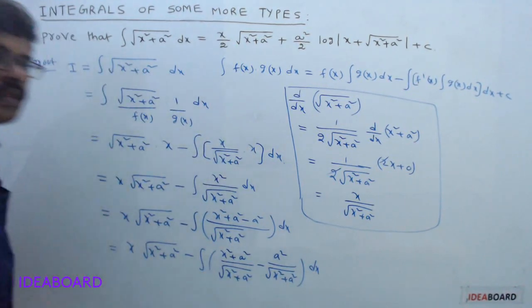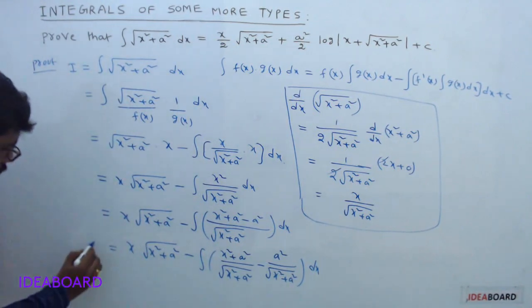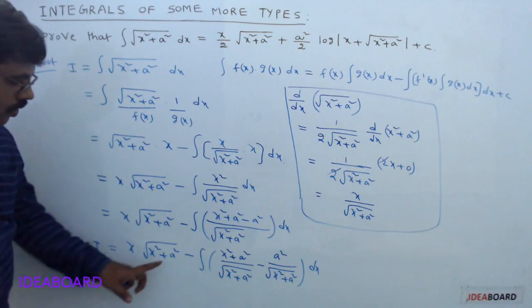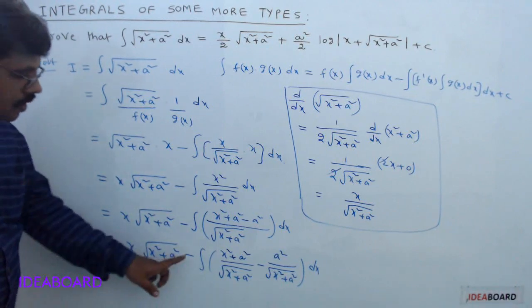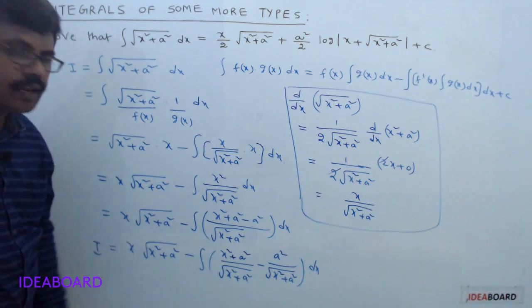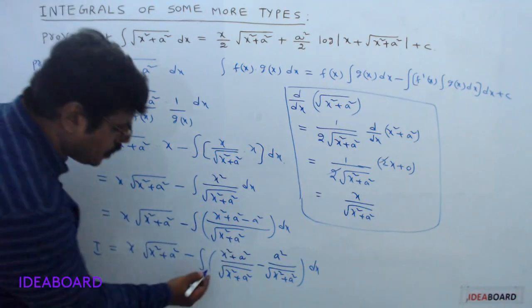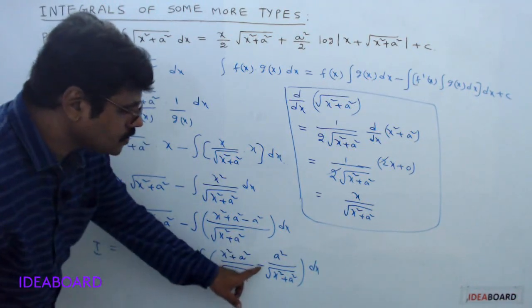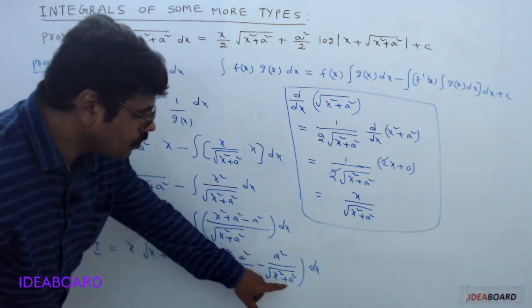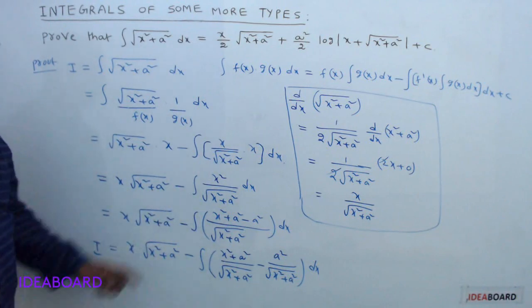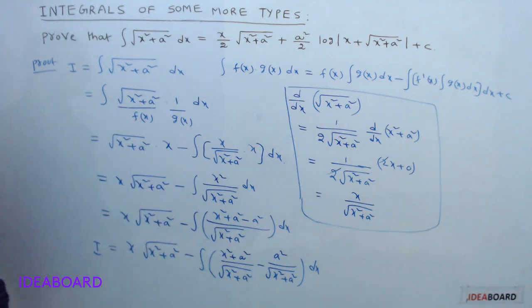Now the LHS part will be I. So I equals x into root of x square plus a square, minus integral of x square plus a square divided by root of x square plus a square, minus a square divided by root of x square plus a square, dx. First write down those steps, then we will discuss the continuation.